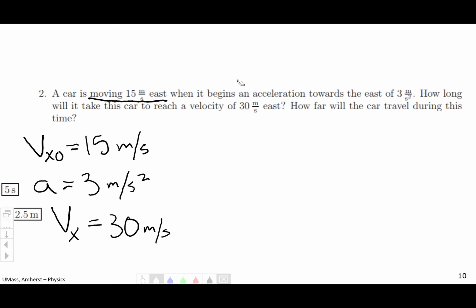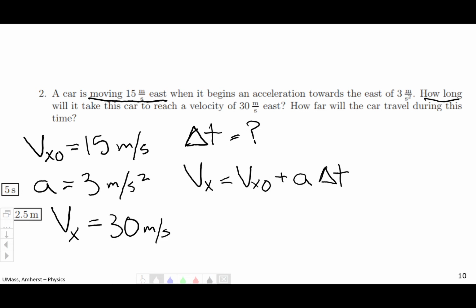Cool. So we have how long is the first part of this, meaning delta t equals blah. For this one, it's actually going to be pretty straightforward. We can use Vx equals Vx0 plus a delta t.